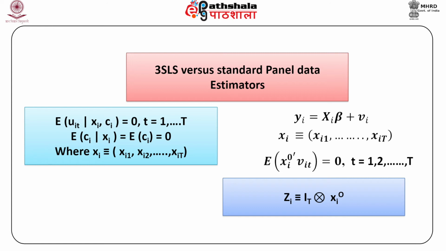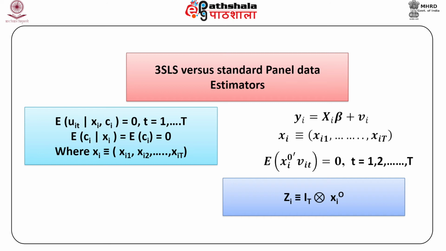Here 0 is the superscript, which we have used to differentiate from the earlier x_i. Then expected value of x_i^0' v_it is equal to 0, and all these are vectors here, for t equal to 1 to capital T.